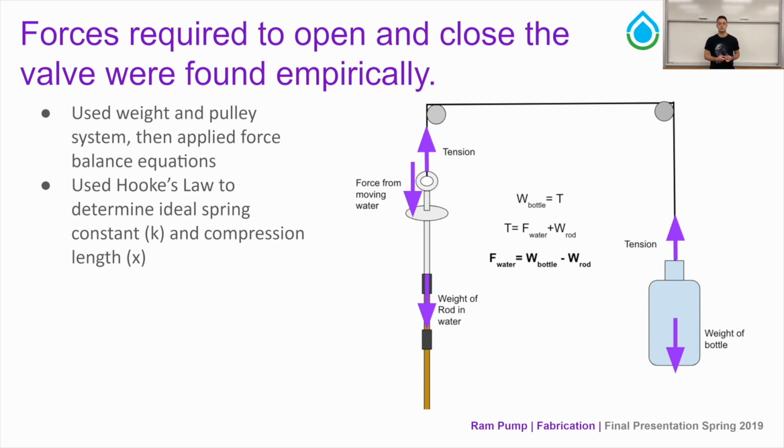In order to obtain this K constant, we need to calculate first the force required to open and close the valve. We do this with this pulley system that the last semester subteam developed.